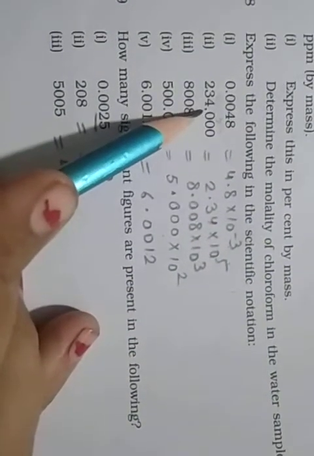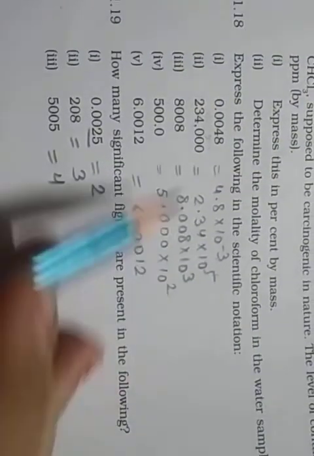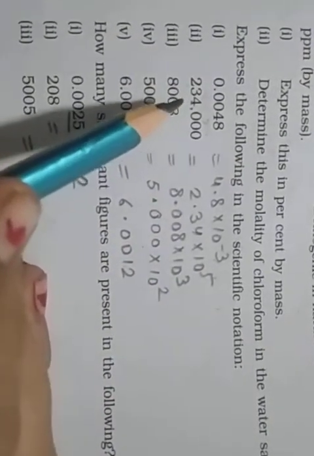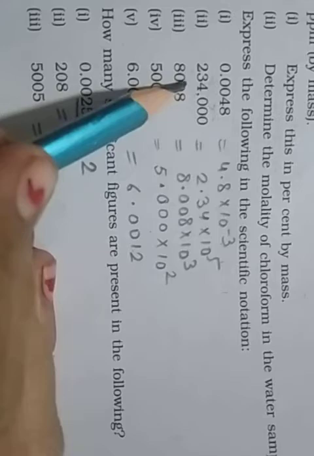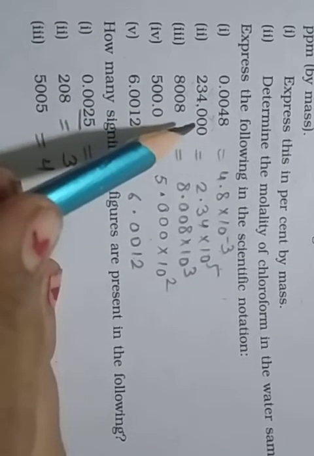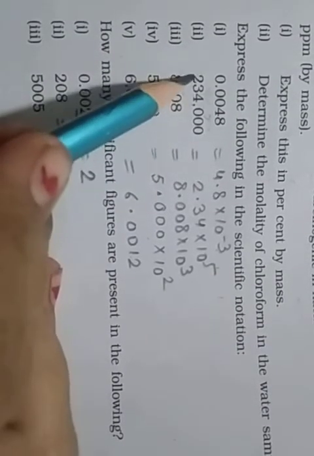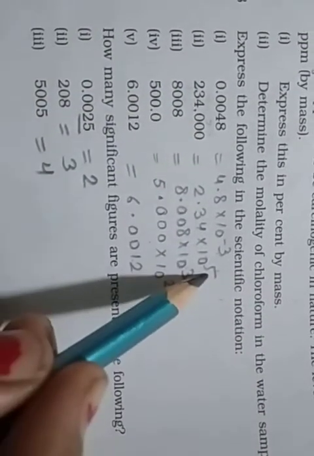Then the second one, 234,000. There is no decimal here, so the decimal comes from the left-hand side. So 2.34, and how many digits here? You see 1, 2, 3, 4, 5. 5 digits, so 10 to the power 5.